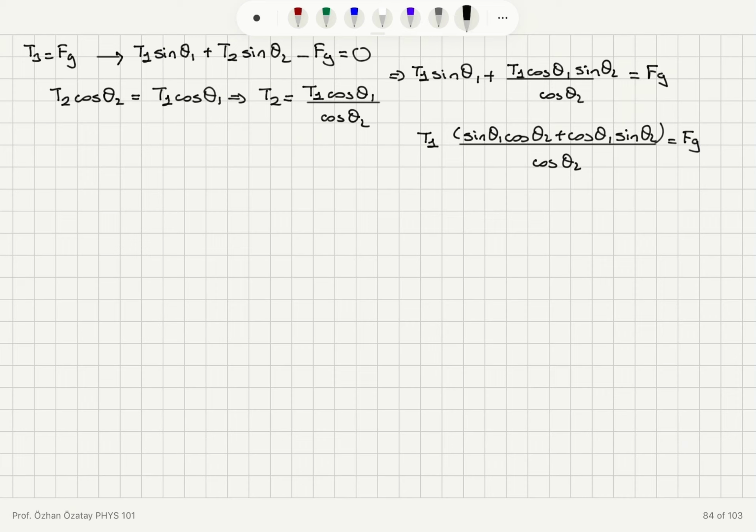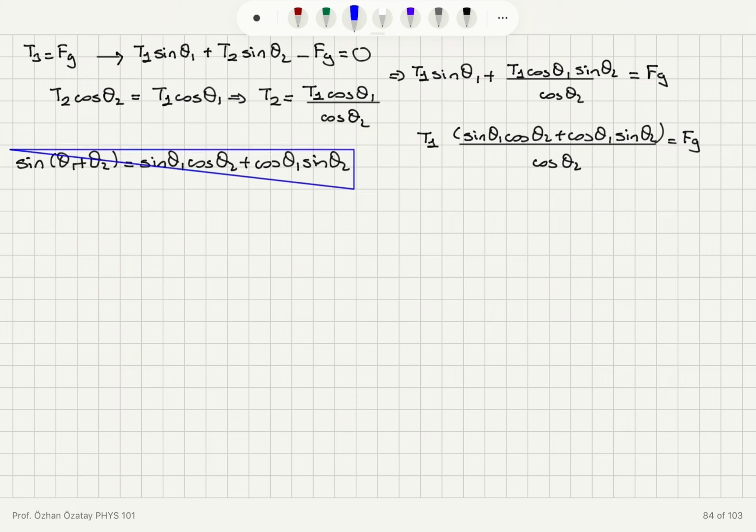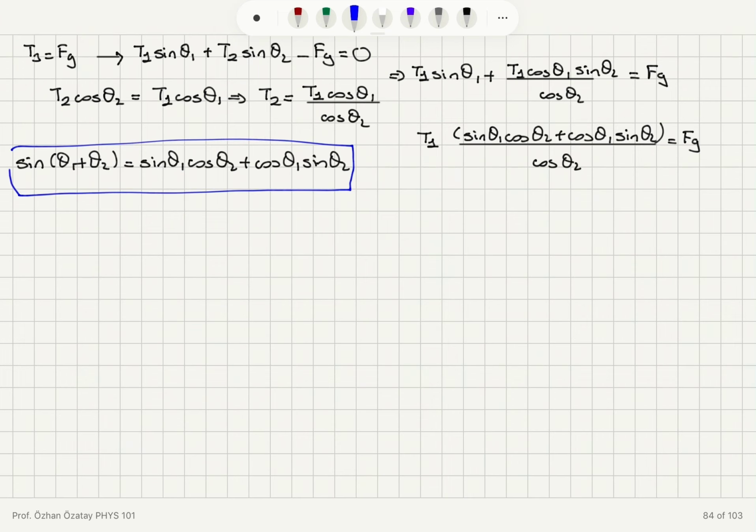Now at this point we have to remember a trigonometric identity. What is sine of theta 1 plus theta 2? This is sine theta 1 cosine theta 2 plus cosine theta 1 sine theta 2. So we can note this from our trigonometry. This was an important trigonometric identity.